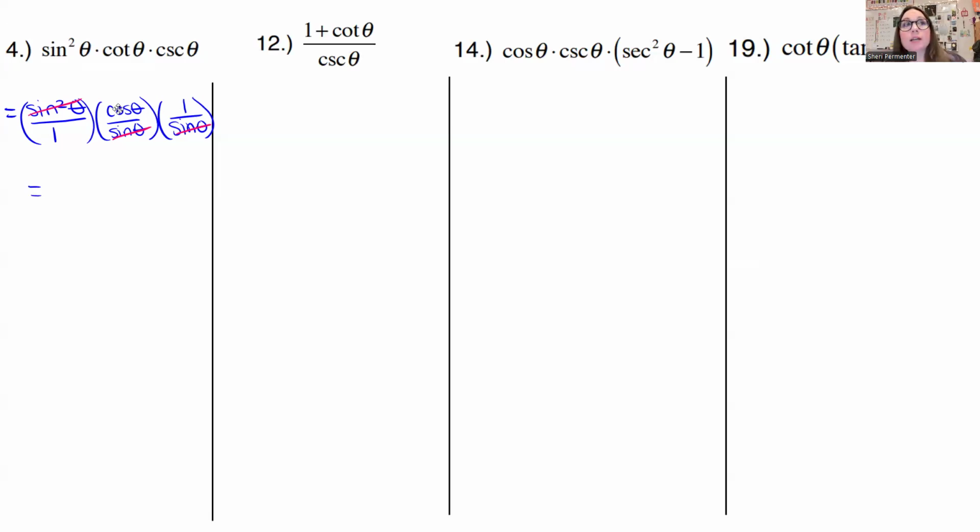I have 1 times cosine. So I have cosine on the top, that's it, over 1. Cosine divided by 1 is just cosine. Done. Any questions?